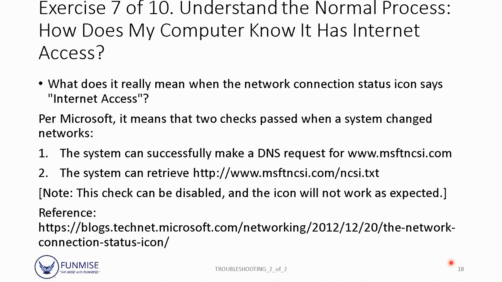Well, per Microsoft, it means that 2 checks have passed when a system changed networks. 1, the system can successfully make a DNS request for www.msftncsi.com, and 2, the system can retrieve http://www.msftncsi.com/ncsi.txt.